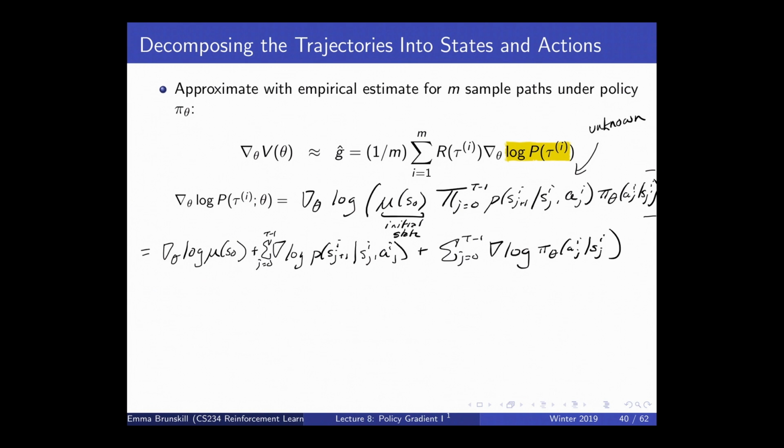All right, can anybody tell me why this is a useful decomposition and whether or not it looks like we're going to need to, so let me just parameterize all of these things. Does this look hopeful in terms of us not needing to know what the dynamics model is?